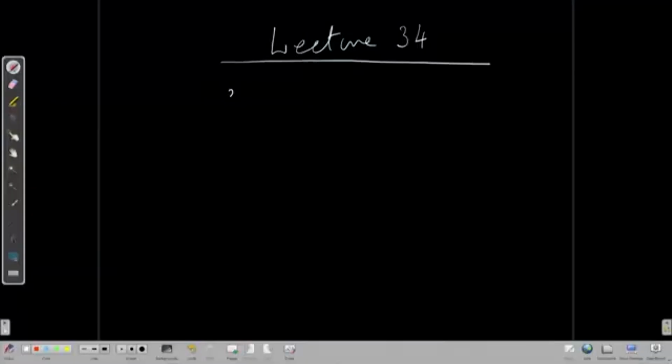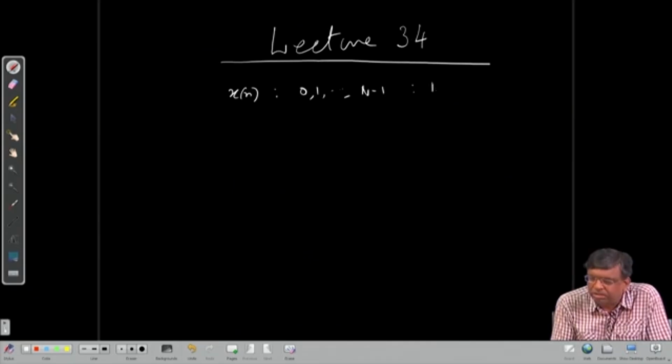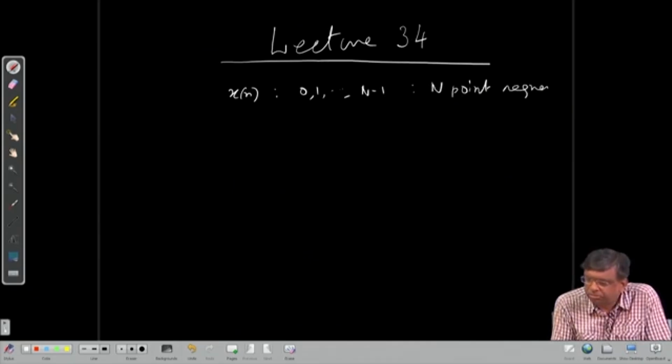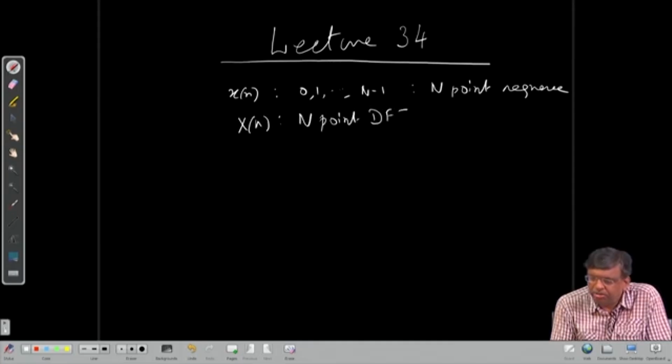Suppose x n, n = 0, 1, ..., N minus 1, is an N point sequence. X k is the N point DFT of x n.